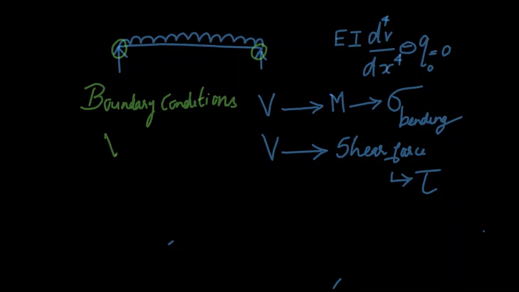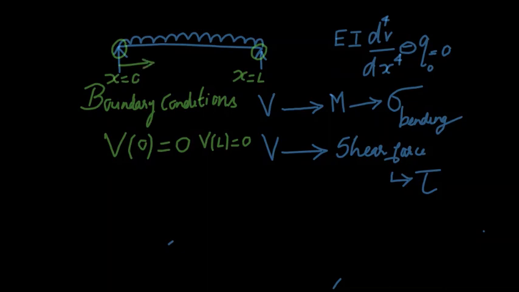Therefore the deflection at the left extreme end is going to be 0, and the deflection at the right extreme end, V of L, is equal to 0. So the deflection at the point x equal to 0 is 0, and the deflection at the point x equal to L is 0, where x is reckoned in this direction.